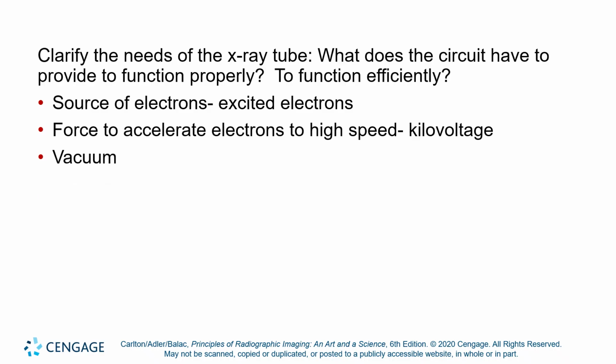We need a vacuum. Now, we can make X-rays without a vacuum, but this is efficiency. So vacuum evacuating the inside of the X-ray tube makes it so that the electrons really don't collide into stuff that it's not supposed to collide into.